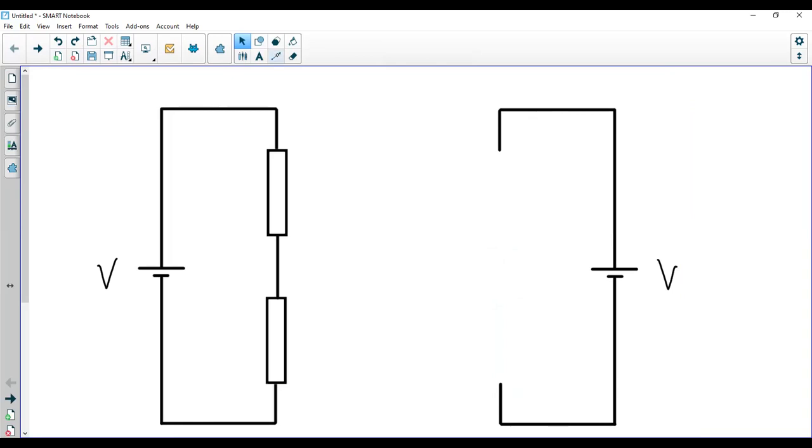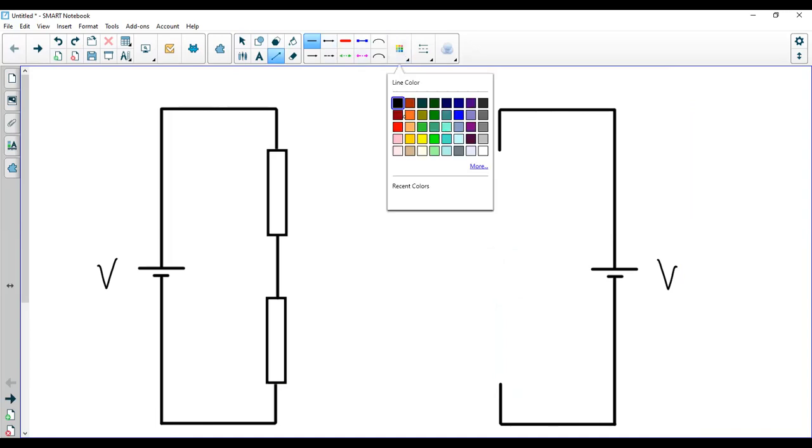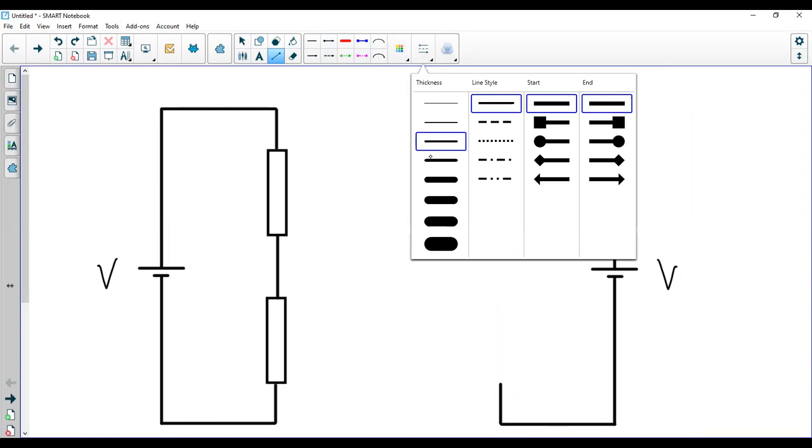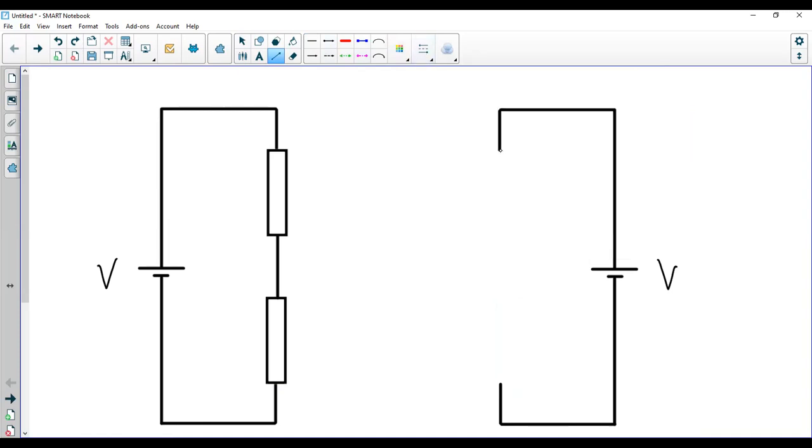So instead of the two resistors, if I connect a resistive wire here, this red means it is a resistive wire. So there is a total resistance of that wire, and the total resistance of that wire depends on the total length of this.